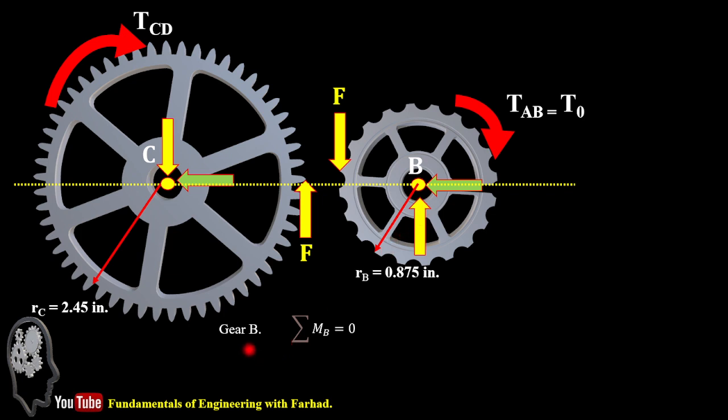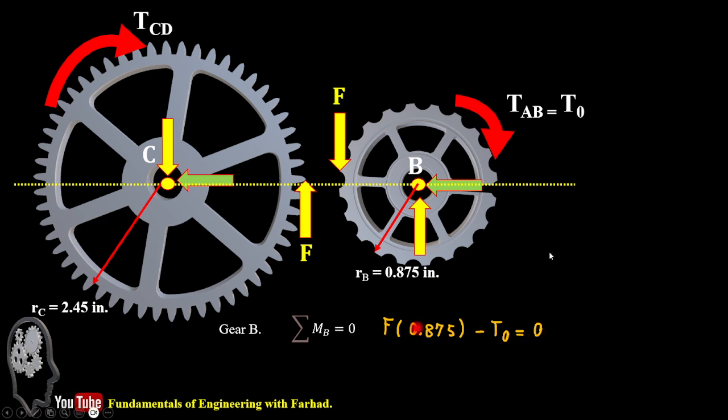So if we have the free body diagram of gear B, you can easily see the effect of forces, and the summation of moments about the center goes to zero. It just gives us force times radius minus T naught, which is TAB, equal to 0.